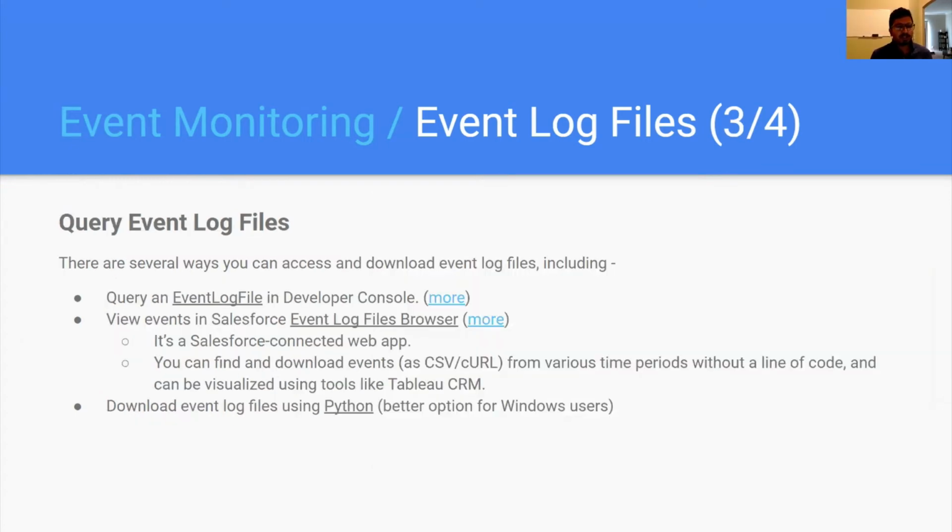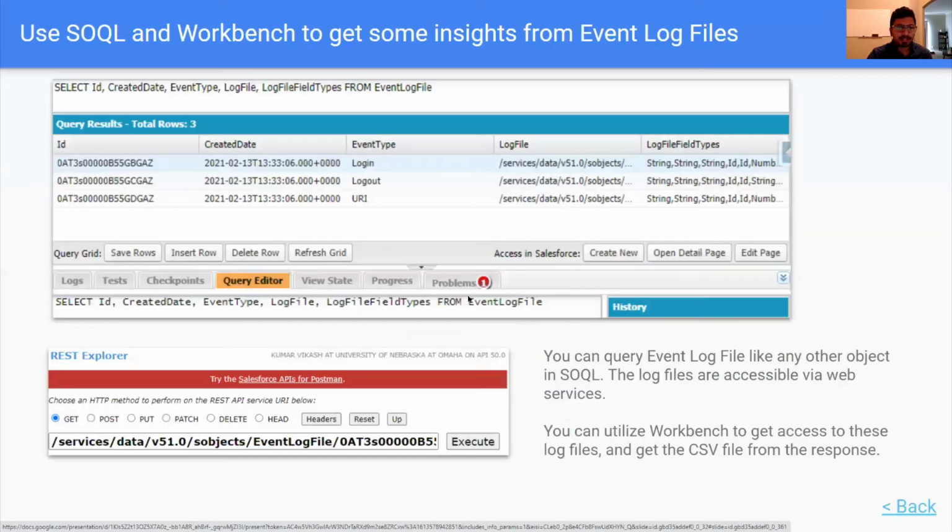So now that we know what we can do with these event log files, how do we access it? So there are multiple ways to do it. First of all, the easiest one would be to use your developer console. Event log file is just like any other object, so you can run a SQL query and get your event log files. Here is a quick example.